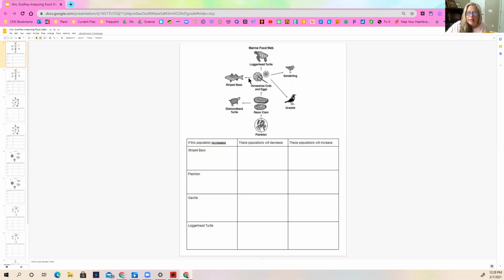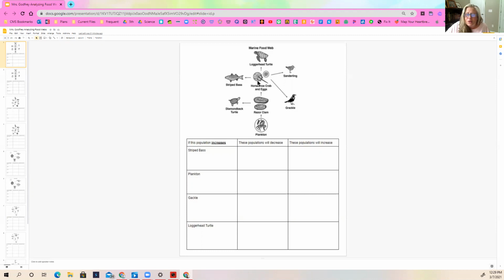And so if the number of striped bass increases, this striped bass is the eater for the horseshoe crabs, right? You can see the energy from the horseshoe crab flows into the striped bass. So if the striped bass population increases, then there would be a lot of striped bass, right?